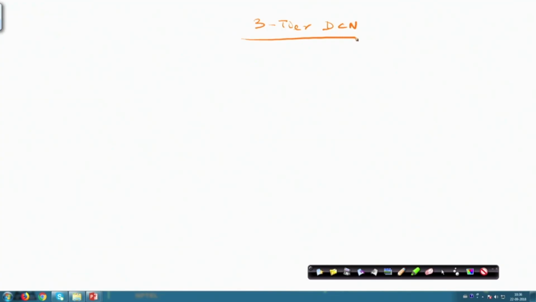But let us look at it from another viewpoint. What we are going to have at the very bottom are, let us say, different servers.